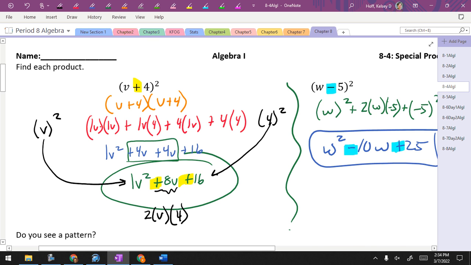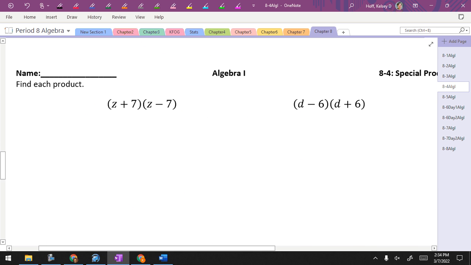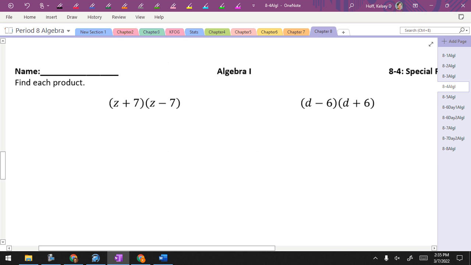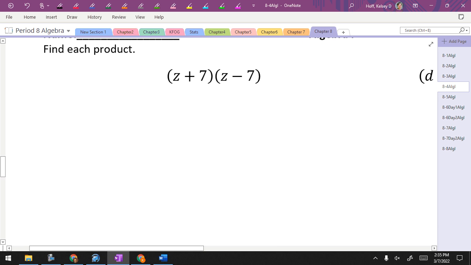Flip it over. What's different about these binomials? There's not an exponent. The signs are different. So on the last one, the exponent of 2 made us have 2 binomials, but they have the same sign. Okay, let's go back old school from last week and distribute this.